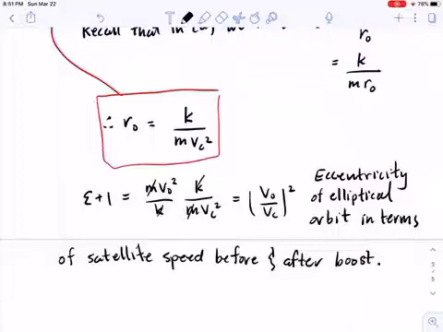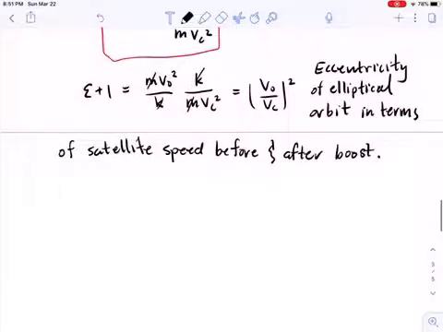So vc was the speed before the boost, and v0 was the speed after the boost. And it's maybe not surprising that the bigger the final speed after the boost, v0, the higher the eccentricity of the elliptical orbit.